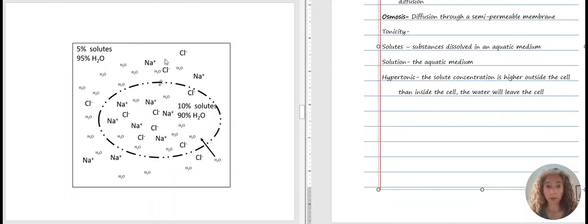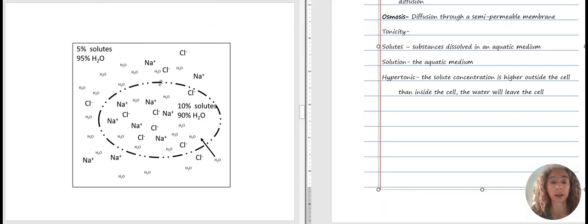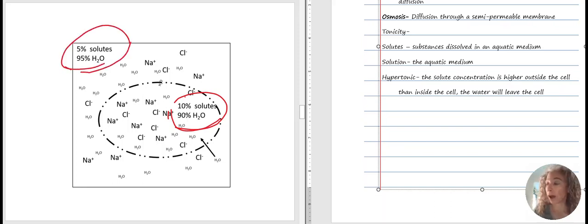Here we have a similar cell, but our solute concentrations are different. In this cell, we have 10% solutes inside the cell and only 5% solutes outside the cell, which leaves us 90% water inside the cell and 95% water outside the cell.